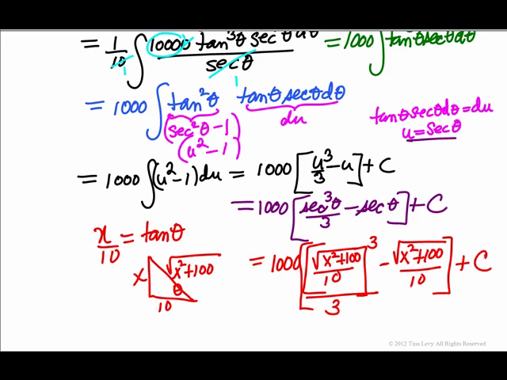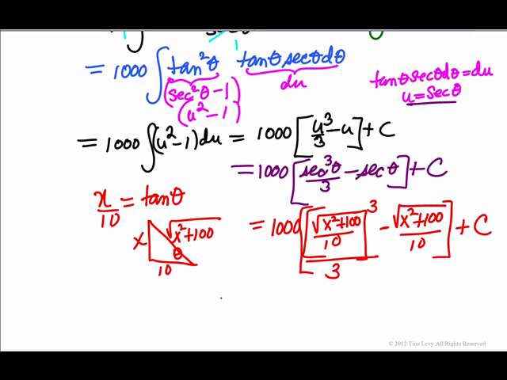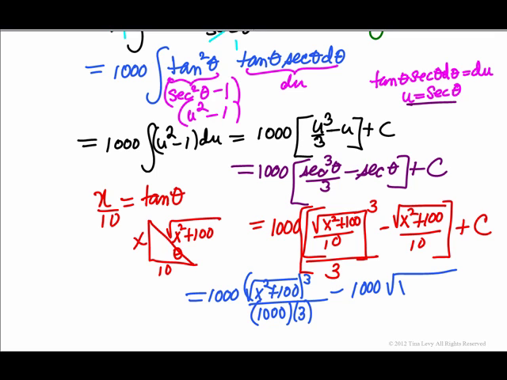Okay, so now simplifying, I've done most of the work. It is just 1,000 square root of x squared plus 100 cubed over 1,000 and then times 3, minus 1,000 square root of x squared plus 100 over 10 plus a constant.